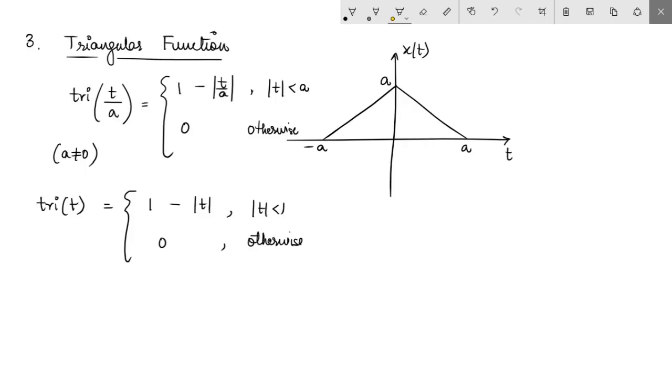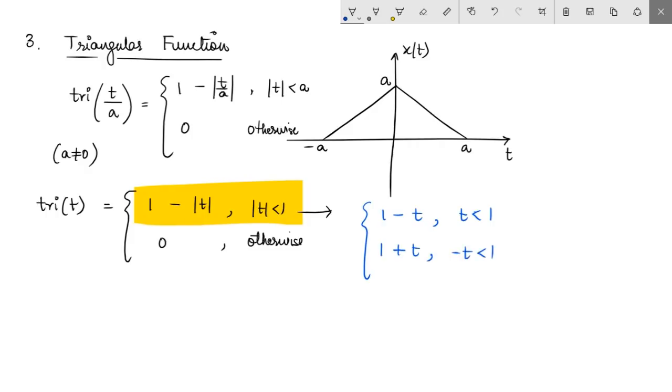So if you look at this first term, if you take plus t in this definition, then the function becomes 1 minus t if plus t is less than 1, and if you take negative t, this function becomes 1 plus t for minus t less than 1, or in other words, t greater than minus 1. And it is 0 everywhere else.